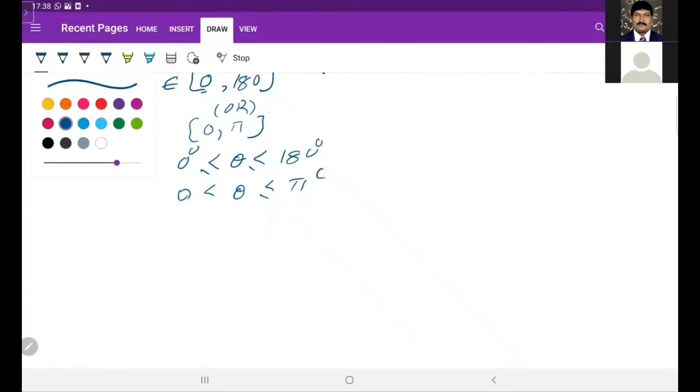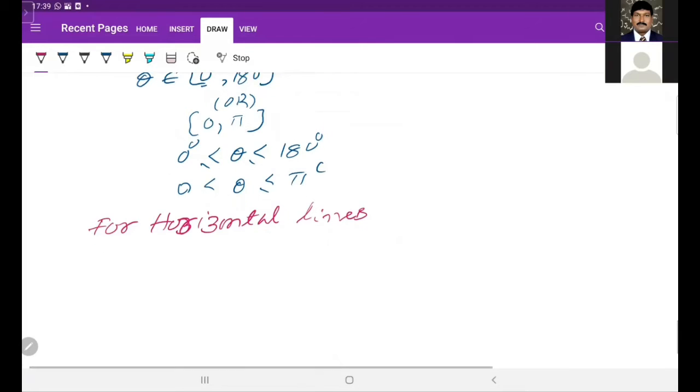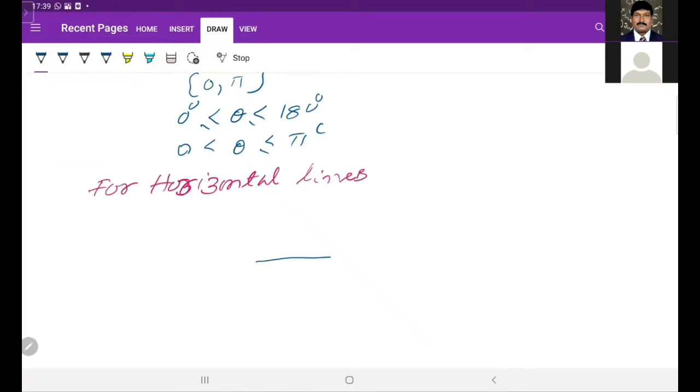Okay. Now for horizontal lines, what is the inclination? Here is x, x dash, y, y dash, and the origin.